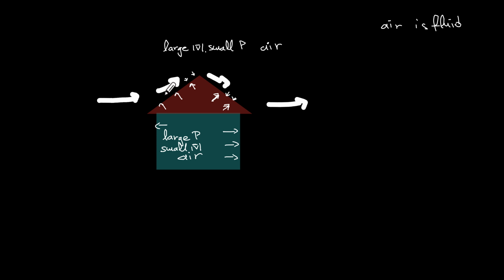That force is not cancelled out by any forces from the outside air, and this is why you end up seeing the roofs flying away. This is an unfortunate result of the Bernoulli effect, where the pressure from inside air on the roof of the house can cause the roof to move away. This is an application of the Bernoulli effect.